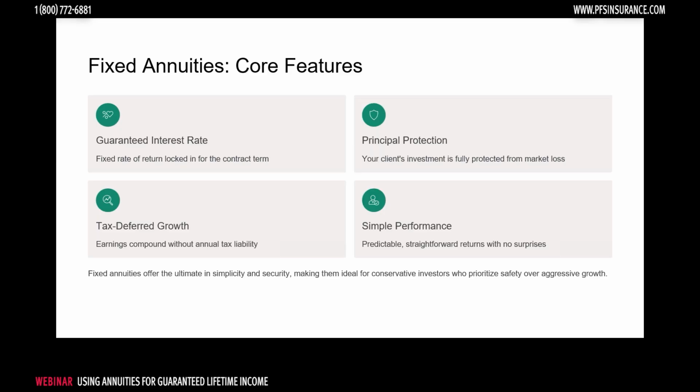If it's qualified money, they're paying taxes as ordinary income because they haven't paid taxes on it yet. And if it's non-qualified money, they're only going to pay taxes on any earnings above what's considered their principal, which is the amount that they put in. And a pretty simple performance structure, straightforward returns. Not a lot of complicated math equations to figure out what your return is going to be.